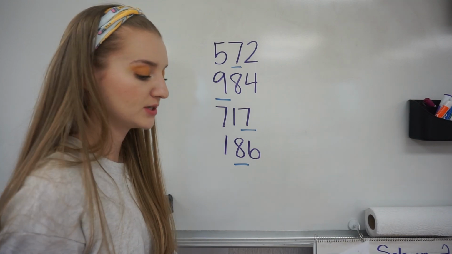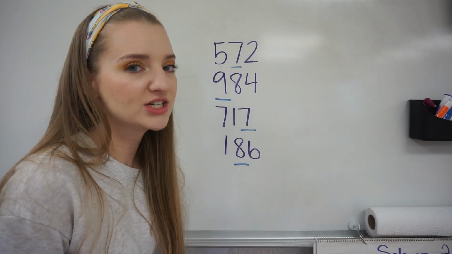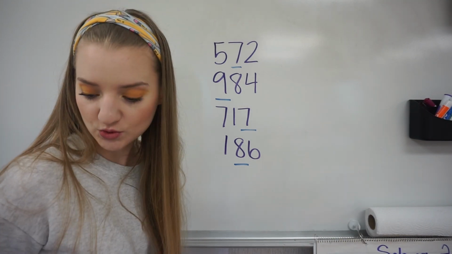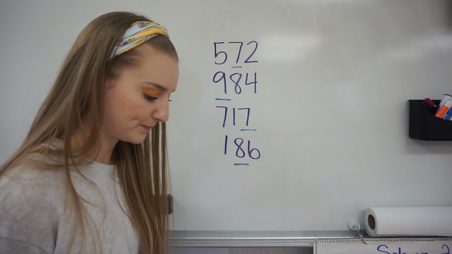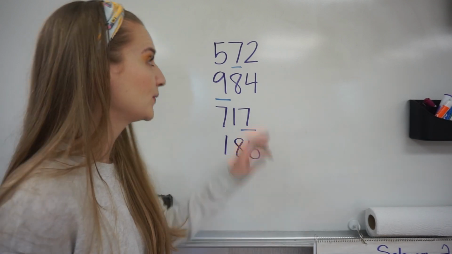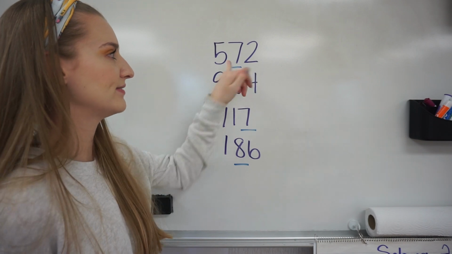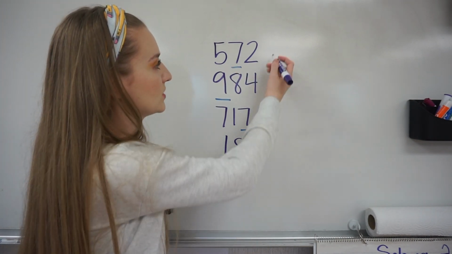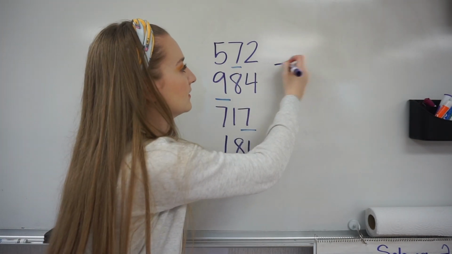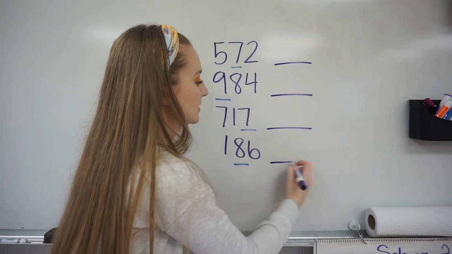And it is your job to tell me the value, not just the number in the place, but its actual value. All right, so starting with 572, the 7 is underlined. What is the value of the underlined digit?